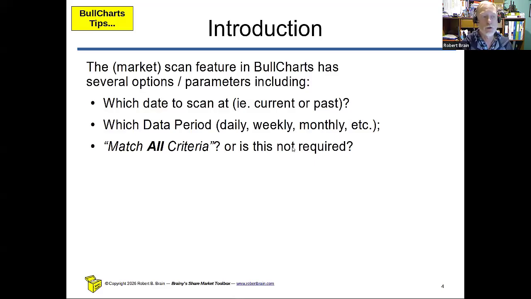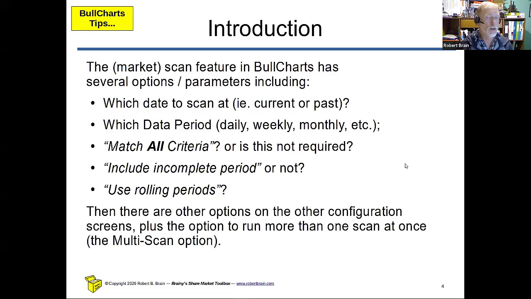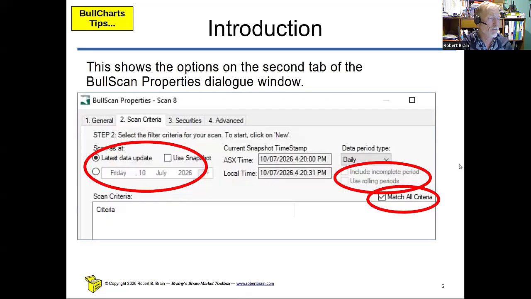Things like match all criteria. If you've got a scan with a number of criteria, do you want all of them to be satisfied? If you're looking at weekly or monthly data and the week or the month is not yet over, do you want to include the incomplete period? Or do you want to use rolling periods? So those are options as well. And there are a few other different parameters and options that can be specified.